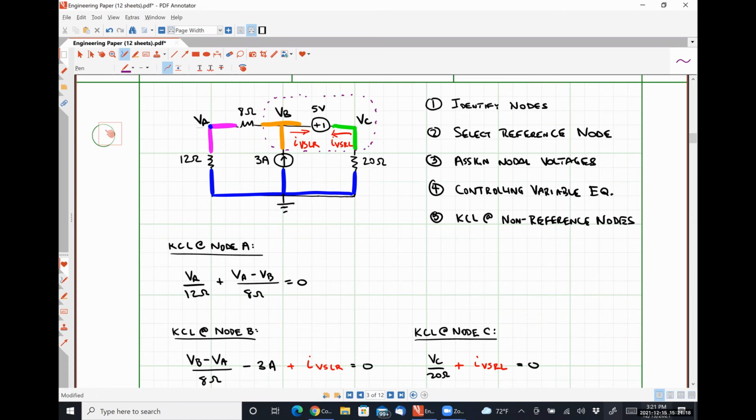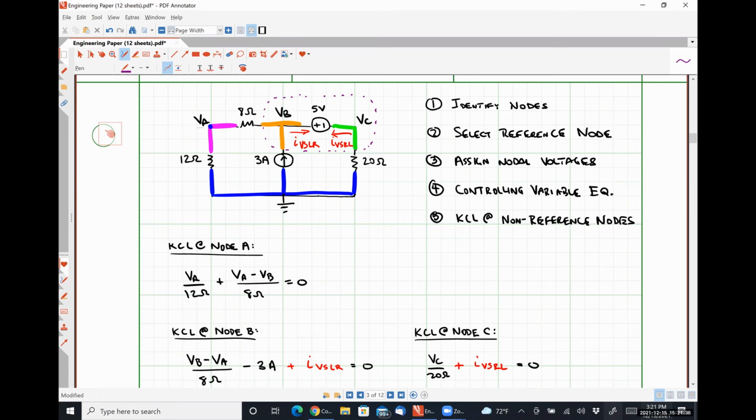And I am going to treat this as a single node when I write my KCL equations, meaning I'm going to add up all of the currents that flow out of my supernode and set them equal to 0. Let me explain why I can do that.